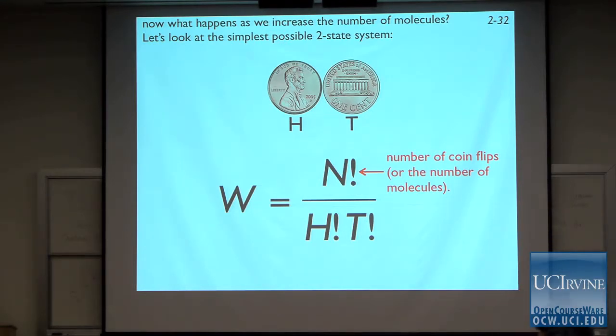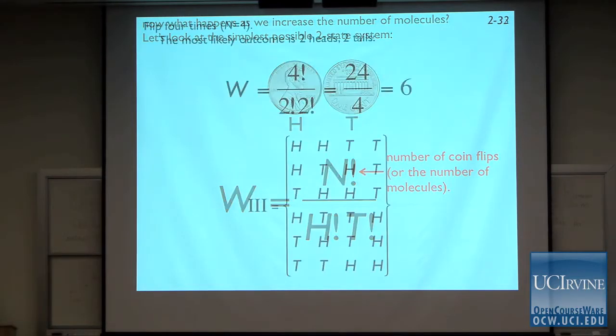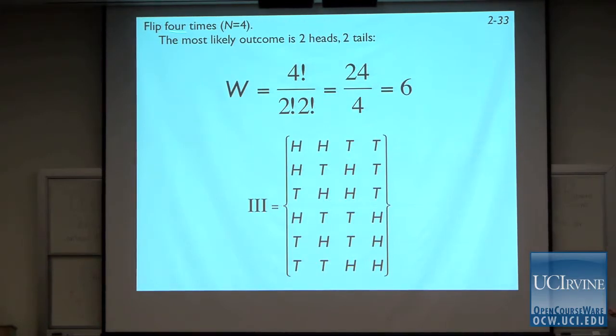Nothing has changed. I'm just going to evaluate the system multiple times. That's the number of heads, that's the number of tails, that's the number of microstates. For example, if I flip 4 times, I could get heads, heads, tails, tails. I could get heads, tails, heads, tails. I could get tails, heads, heads, tails. I think this notation is now obvious to you.